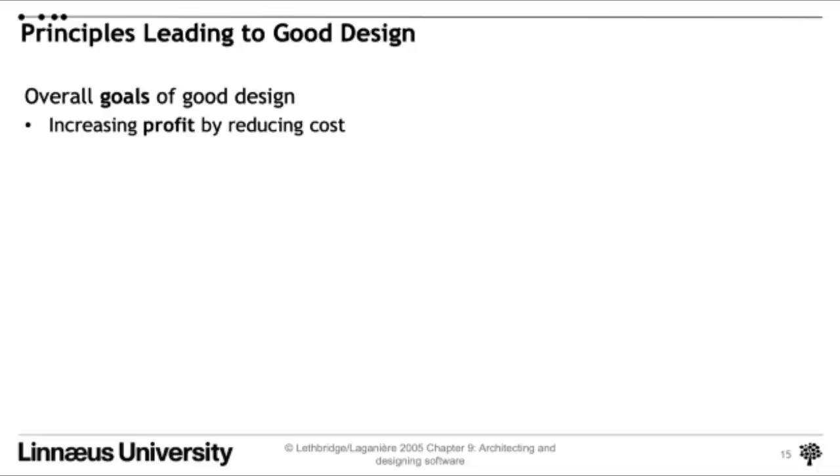So if you provide a good design to your software, you will improve the maintainability. Improving maintainability means increasing profit and also reducing the cost of maintaining the software, fixing bugs, providing new functionalities, and making changes in the software itself in order to satisfy new requirements. In fact, this also will ensure that we conform with the requirements.